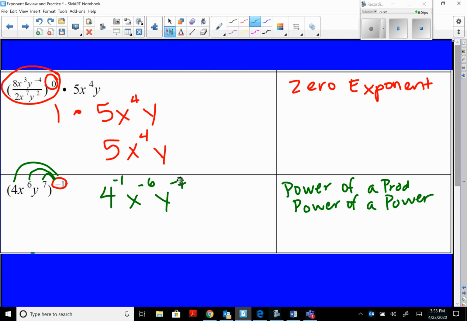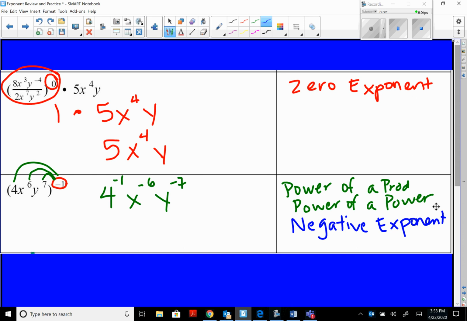Okay? So now I'm going to get rid of the negative exponents. The way you get rid of a negative exponent is you rewrite it as a reciprocal with a positive exponent. So if the negative exponent is in the numerator of a fraction, or there is no fraction, it's going to now be in the denominator with a positive exponent.